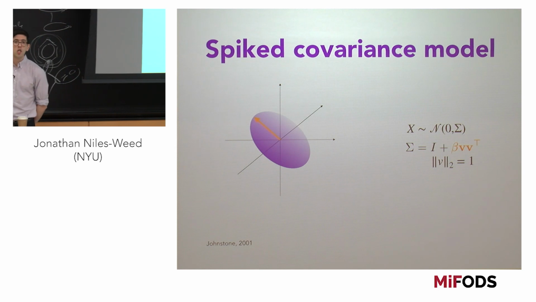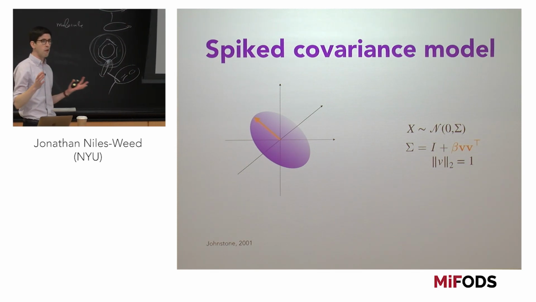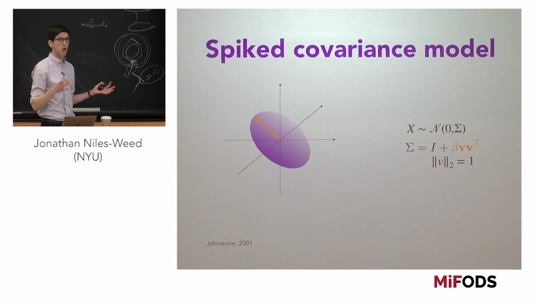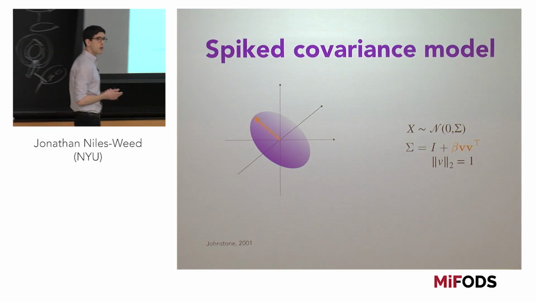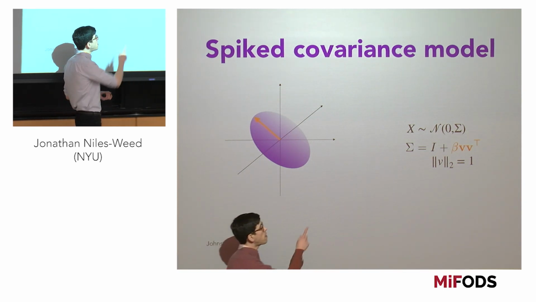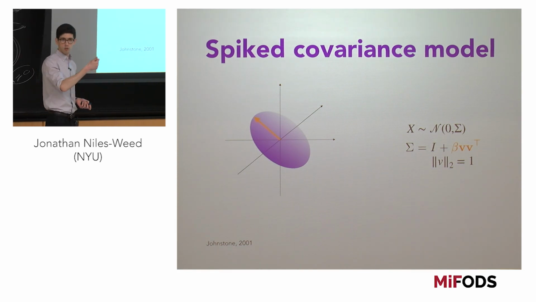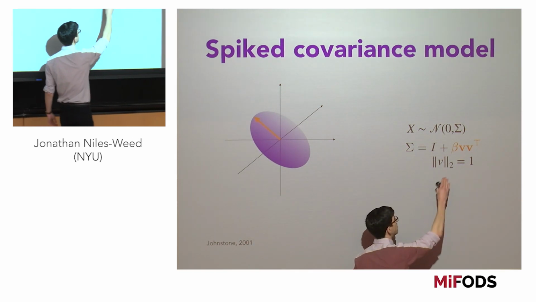The idea of the spiked covariance model is to start with your high dimensional distribution, like an isotropic Gaussian in R^d, with no preferred direction and no interesting structure, but it is a high dimensional distribution. Then we plant some low dimensional structure by assuming that the covariance has the following form: identity plus a rank 1 spike in some certain direction. The question in that community is, can I estimate this?